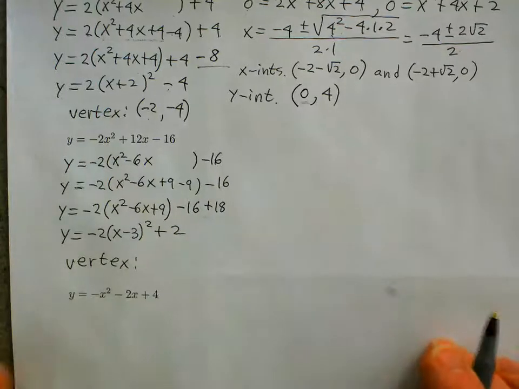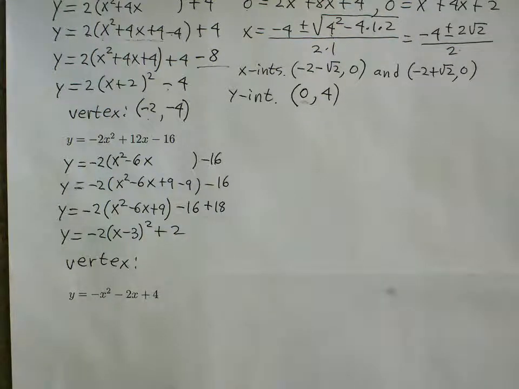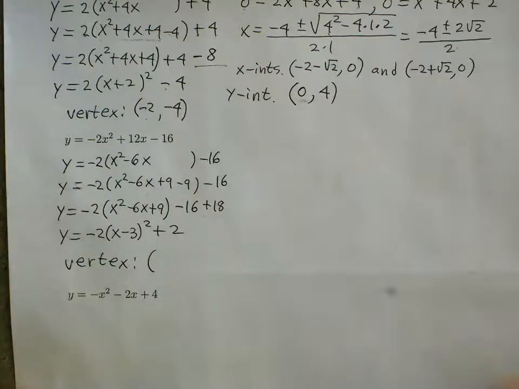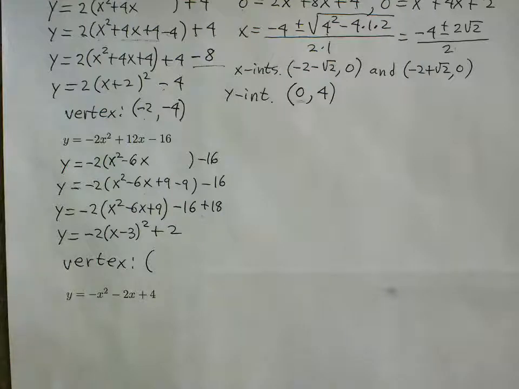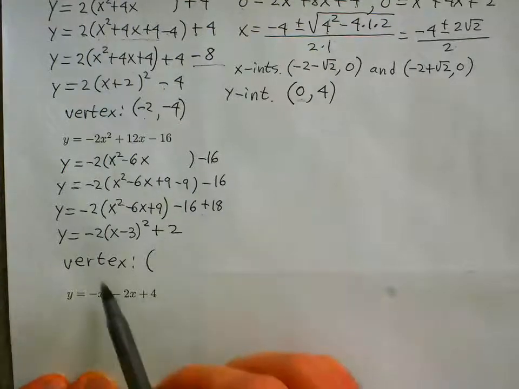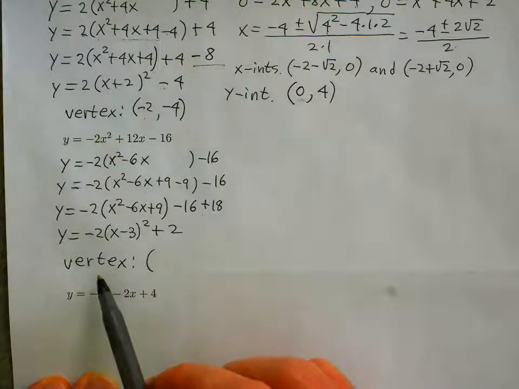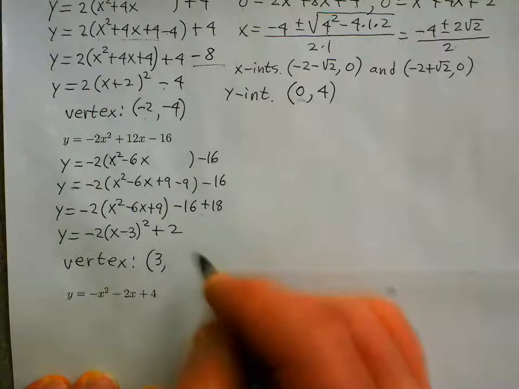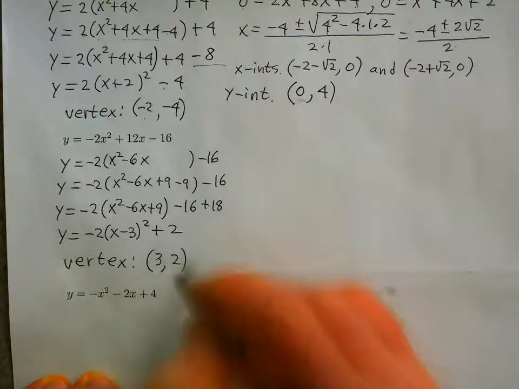The vertex of the parabola is a point in the xy plane. Every point in the xy plane is associated with an ordered pair, meaning that it has an x coordinate and a y coordinate. So the x and y coordinates of the vertex are positive 3 for x and positive 2 for y.